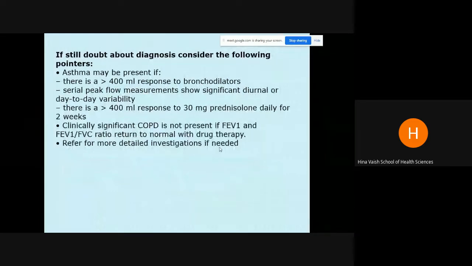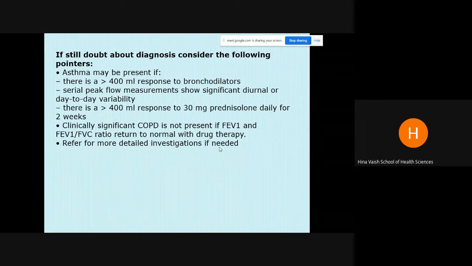If again there are doubts about the diagnosis, the obstruction can be because of asthma as well. As I told you, asthma is a reversible condition. So there will be greater than 400 milliliters response to bronchodilators after two hours. I told you how you need to measure the bronchodilator effect. We do the PFT first, then give this amount of bronchodilator, and after 2 hours again you will test.